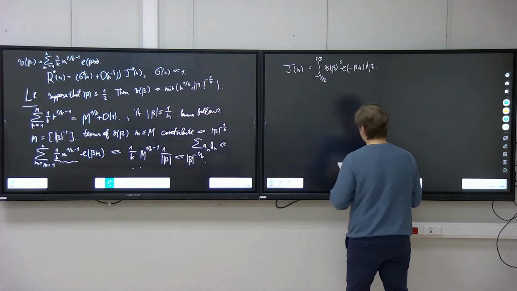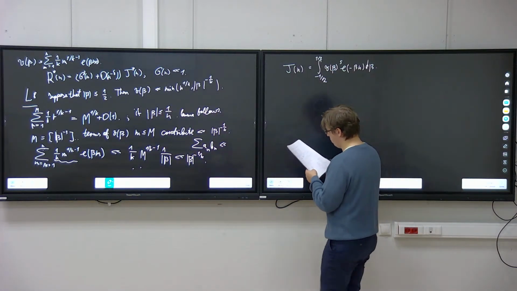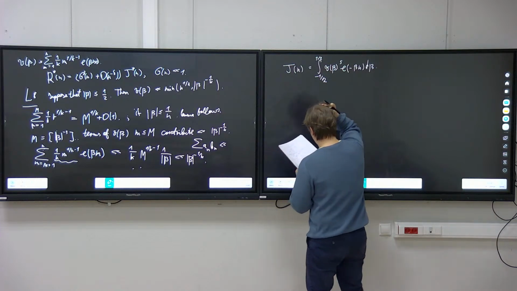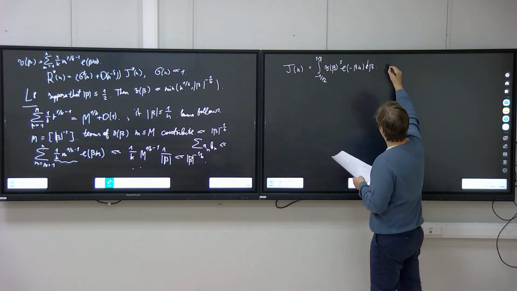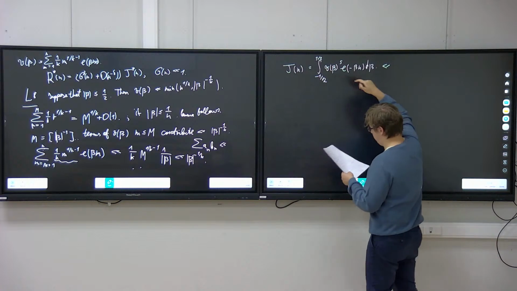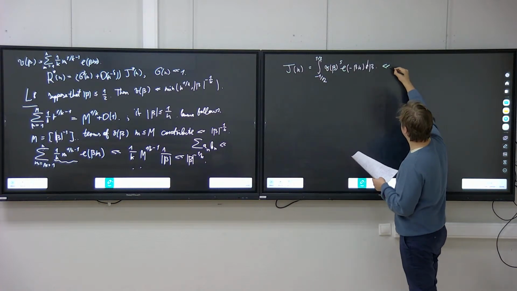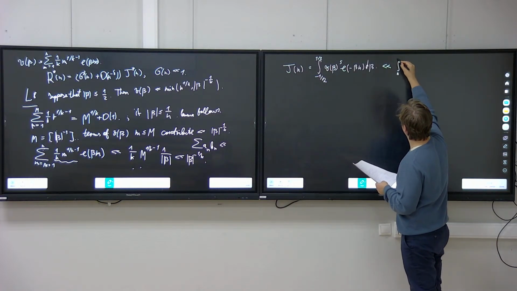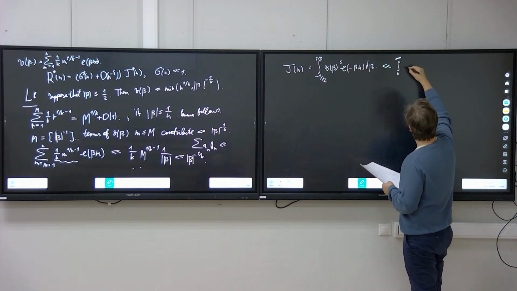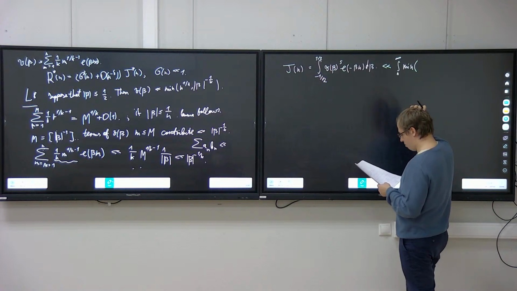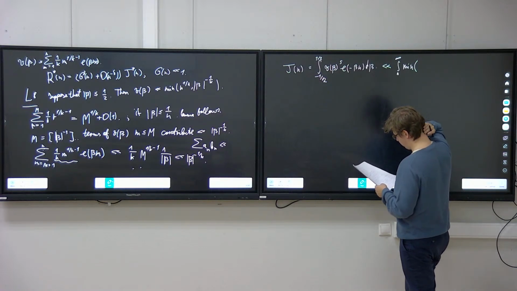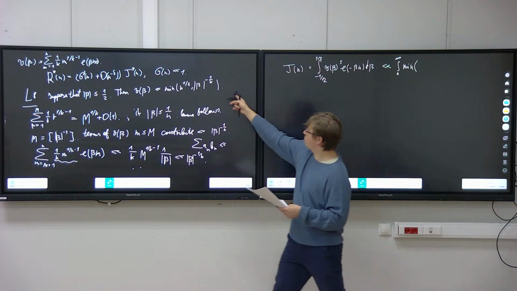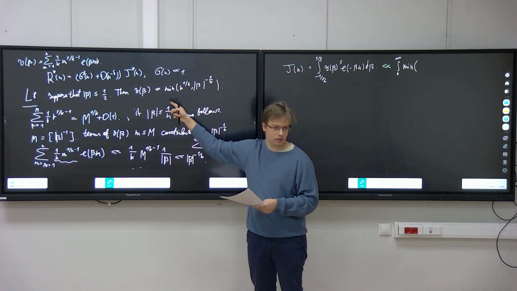And the claim is that it's close to the previous integral. First, let us evaluate all of this. It's less than the integral from 0 to infinity of the minimum. Minimum of what? Of this to the power s. Yes?